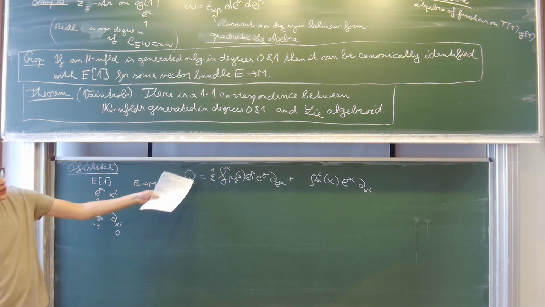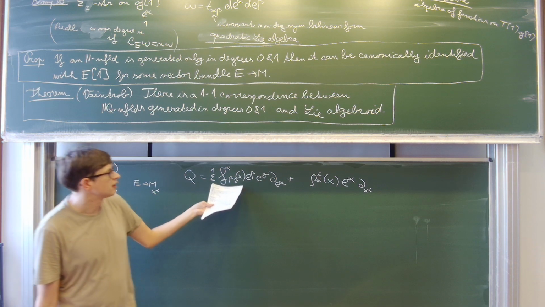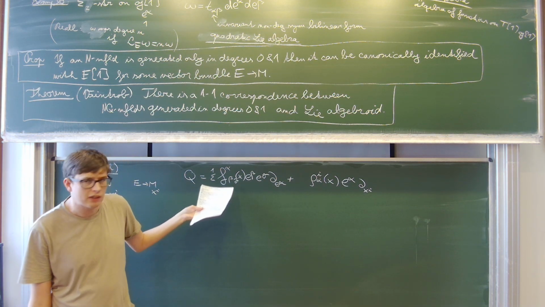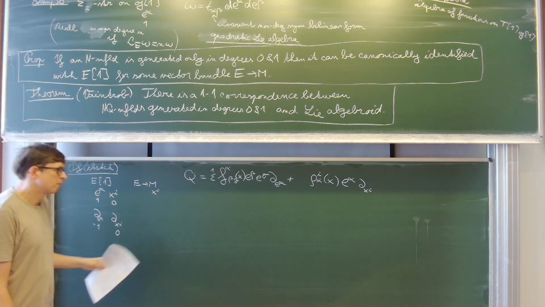Now, if you stare at this data that enters into this thing, it looks suspiciously like structure coefficients, like the Lie algebra structure coefficients, and this looks very suggestively like the anchor map, which I called rho before.